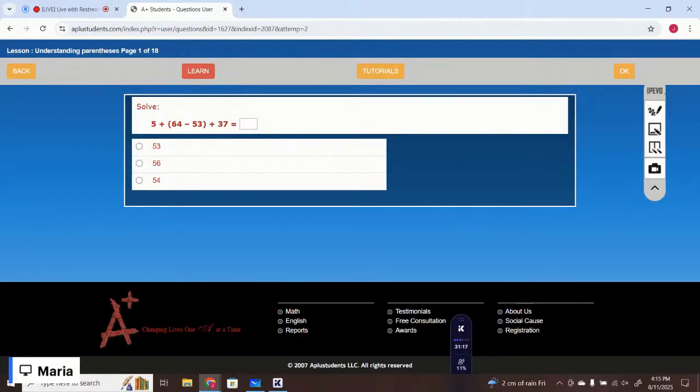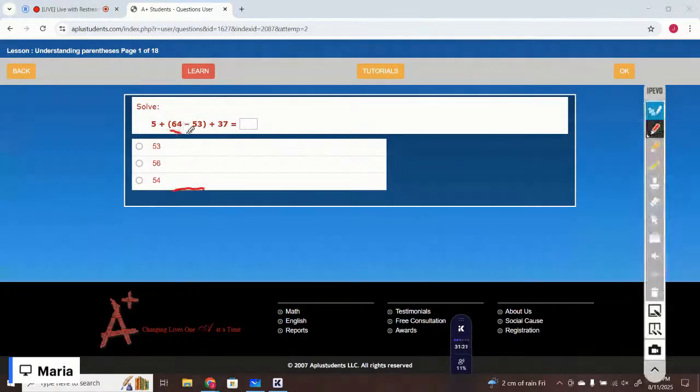Solve 5 plus 64 minus 53 plus 37. The first thing you need to solve is the parenthesis. 64 minus 53, that is 11. So 5 plus 11 plus 37.